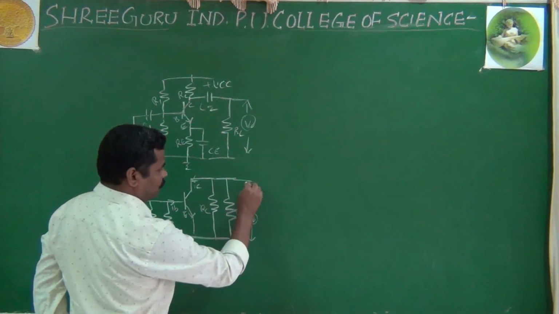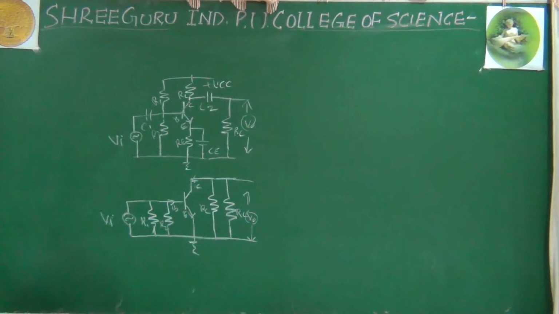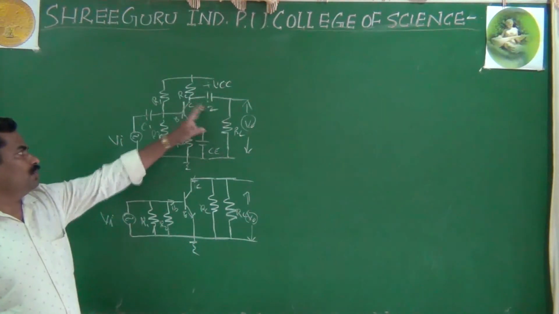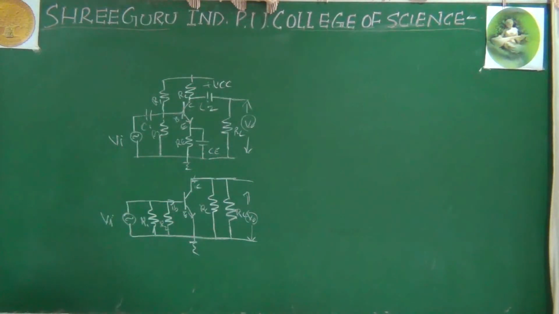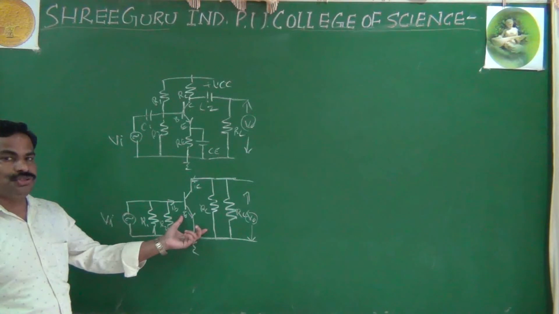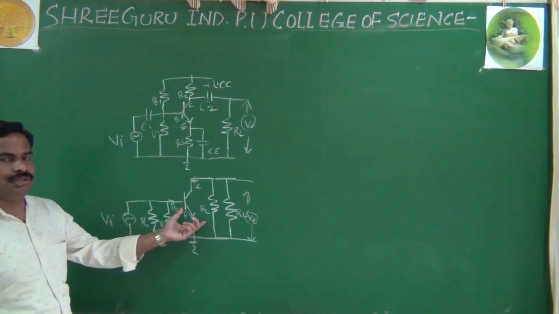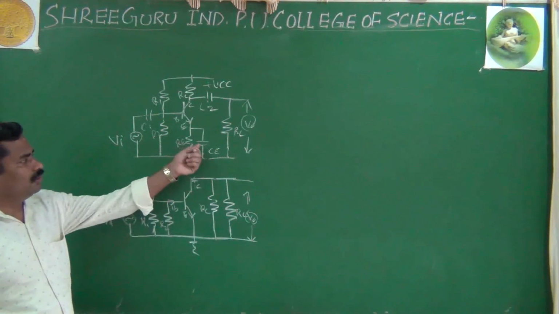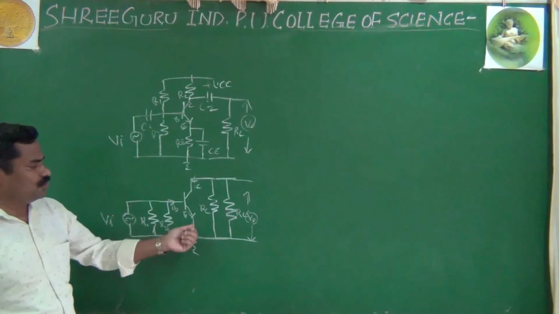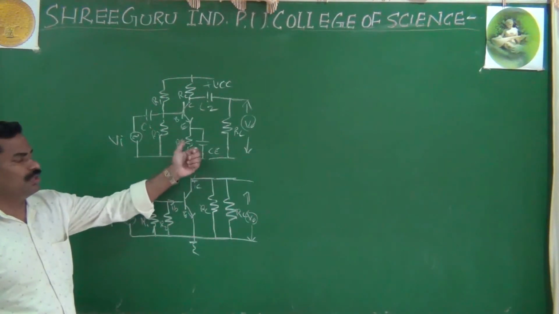It means while applying the two conditions, first remove the DC source and short your C1, C2 and CE, that becomes the AC equivalent circuit. Now if you short the CE, you can also short the RE, because they are in parallel.